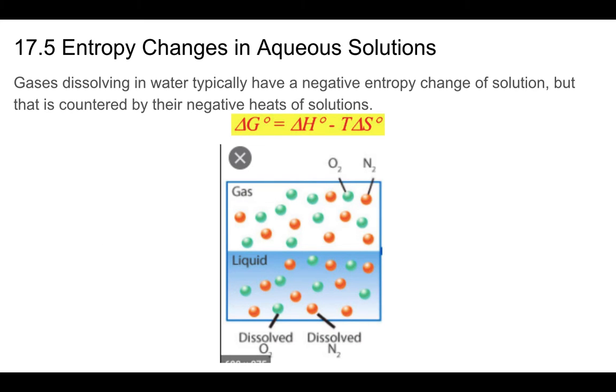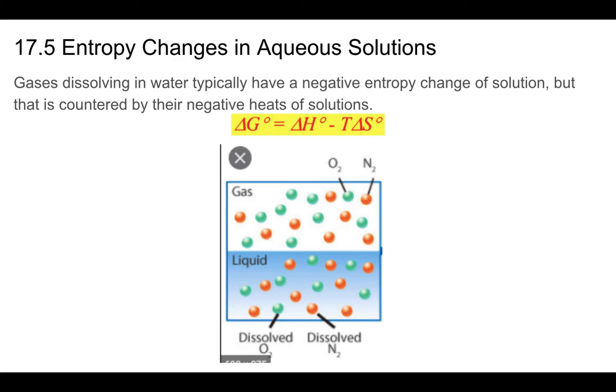Now, if we flip to gases, I don't think the book really addressed gases dissolving in water, but they're actually going to have negative enthalpies, negative heats of solution, because they're going from gases which do not have attractive forces to being in the liquid state dissolved in the water, which will give them attractive forces.